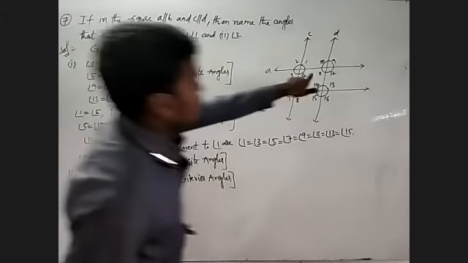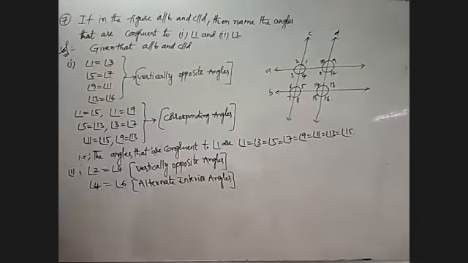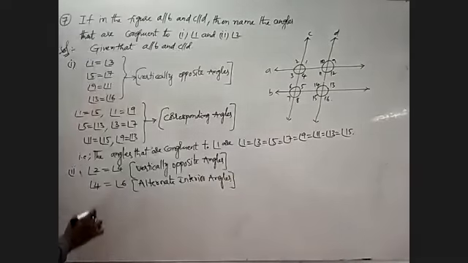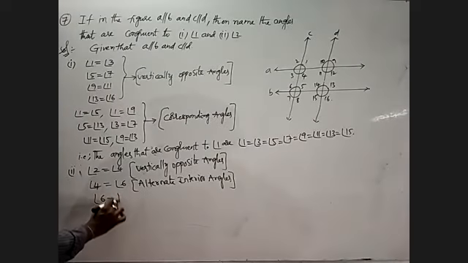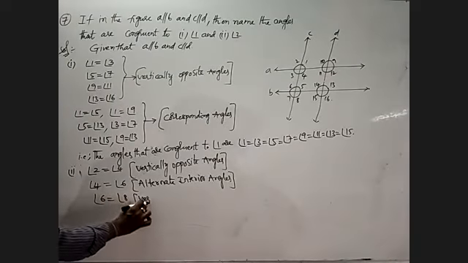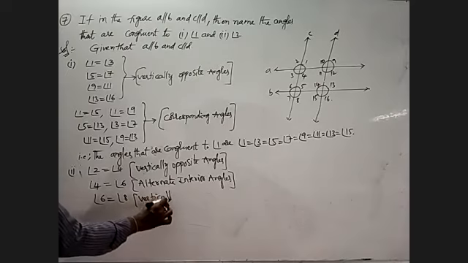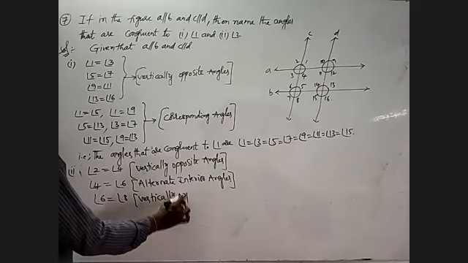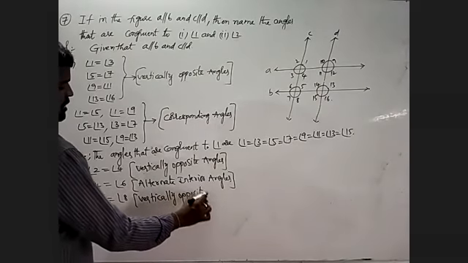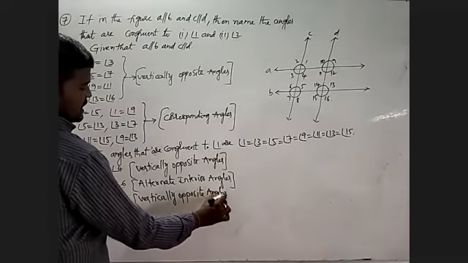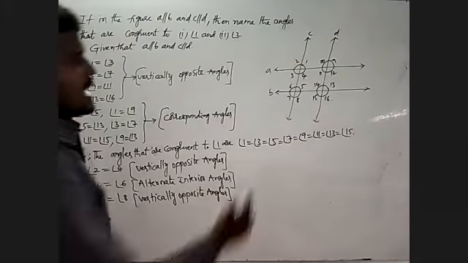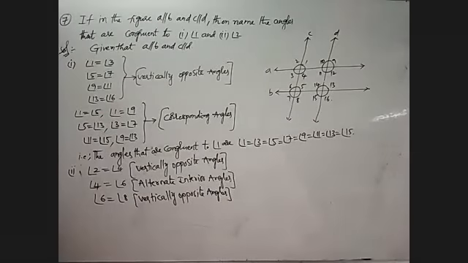Observe, angle 4 is equal to angle 6 are alternate interior angles. After that angle 6 is equal to angle 8, this is also vertically opposite angles. Again we will take angle 8 is equal to angle 10.